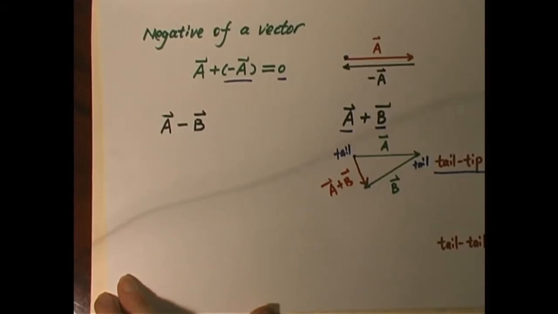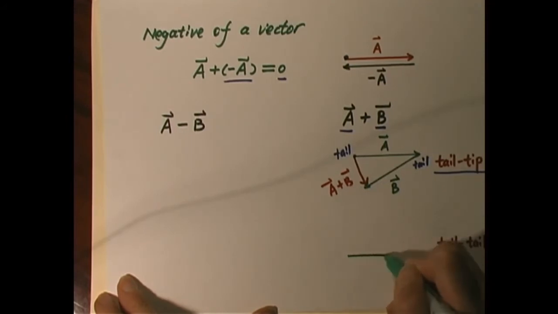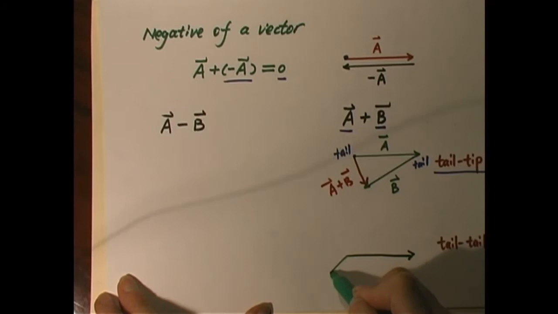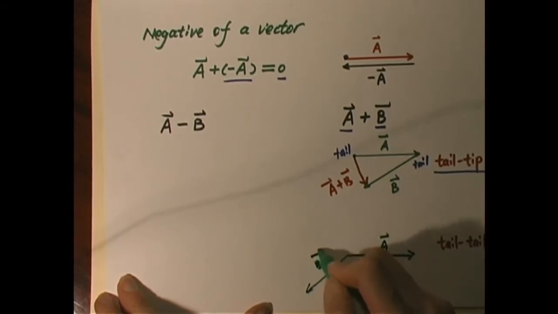We learned there's another method, right? How do we do that? Well, if this is A, which points to the right, we'll keep the same length. B, if it's that way, that's B. We'll keep the same direction, opposite direction. How do you add A and B? We use A and B to construct a parallelogram.